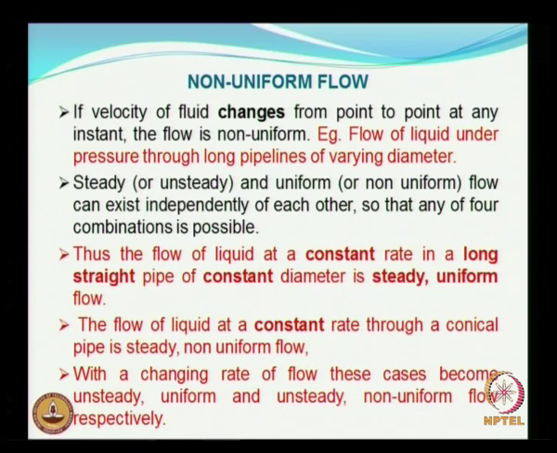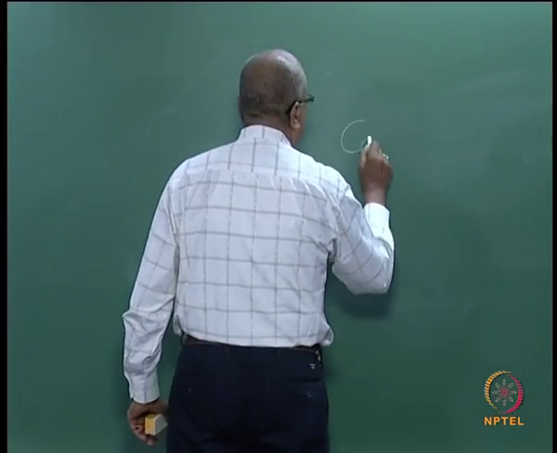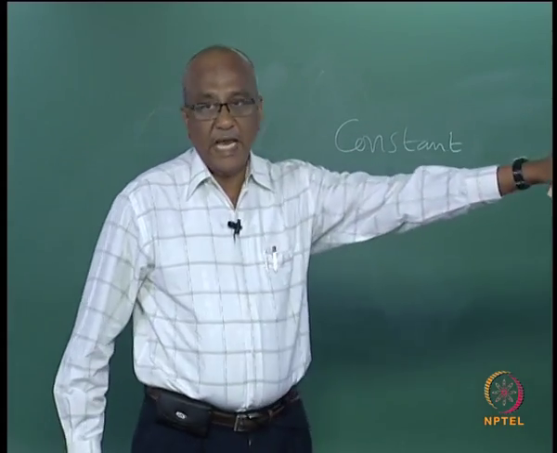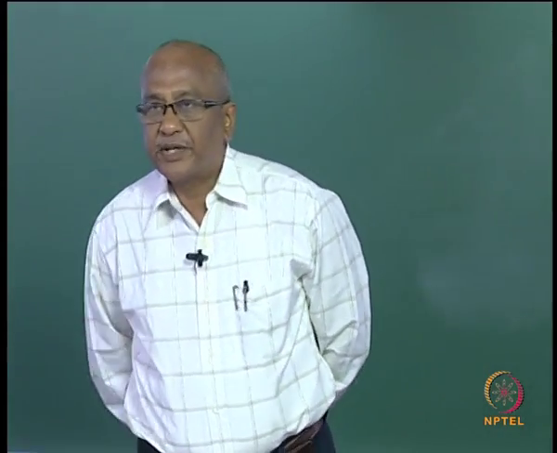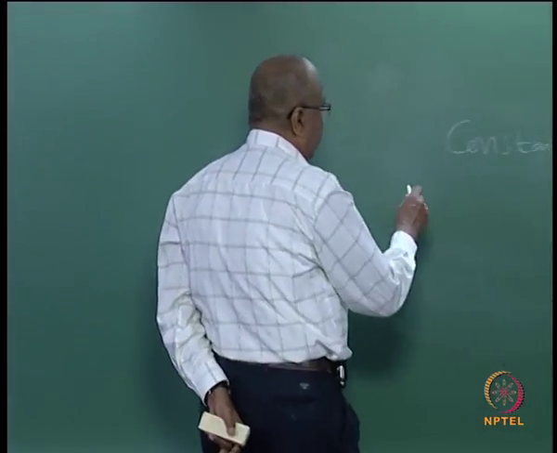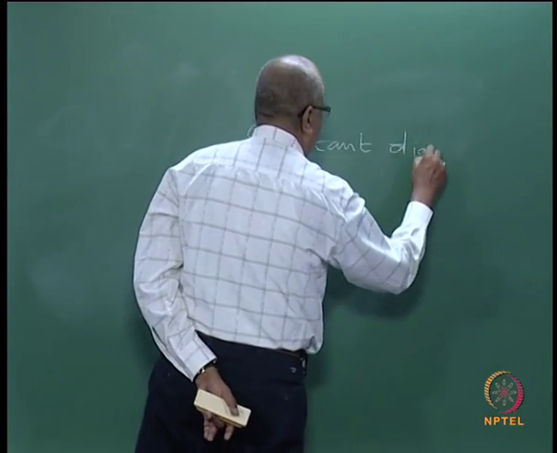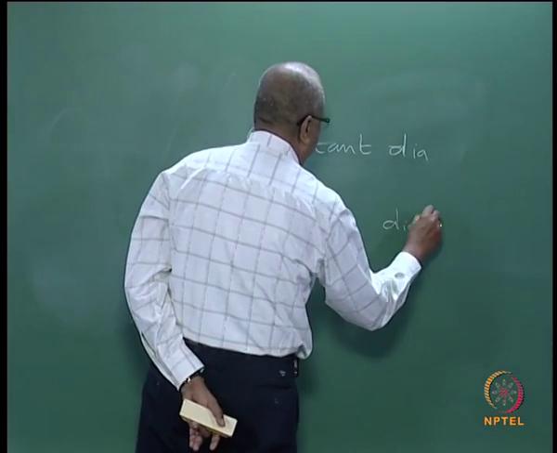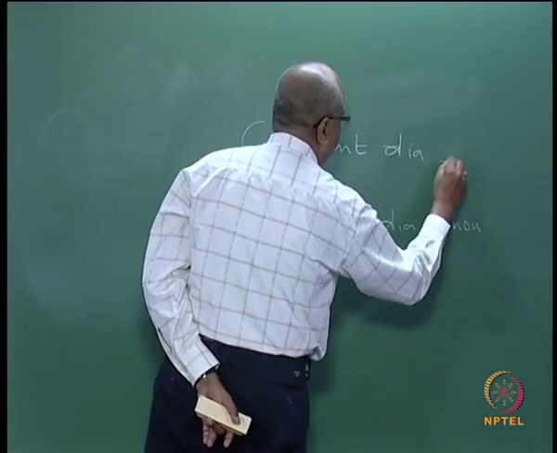Here, in the case of non-uniform flow, the example is flow of liquid under pressure through long pipelines of varying diameter. Suppose the diameter is constant, then the same flow of fluid under pressure will be uniform flow. So now this is constant diameter, and now we have varying diameter, which determines whether the flow is non-uniform or uniform.